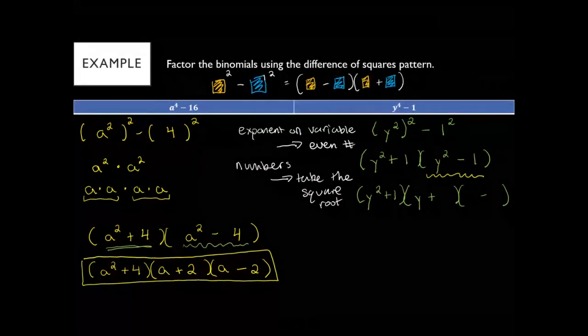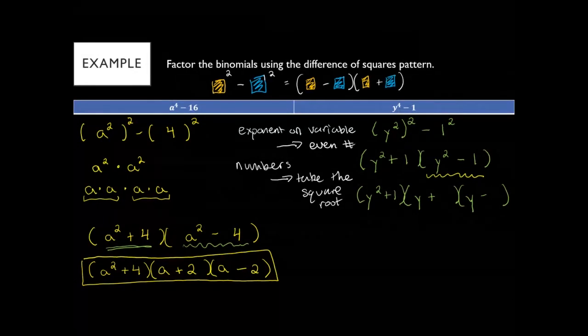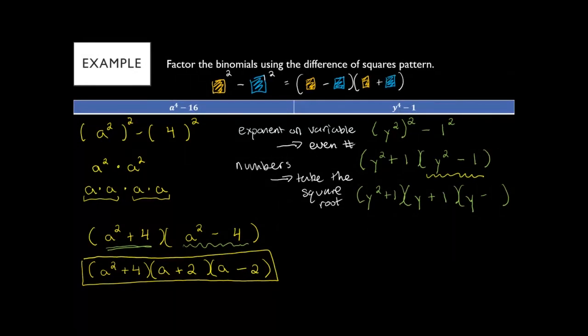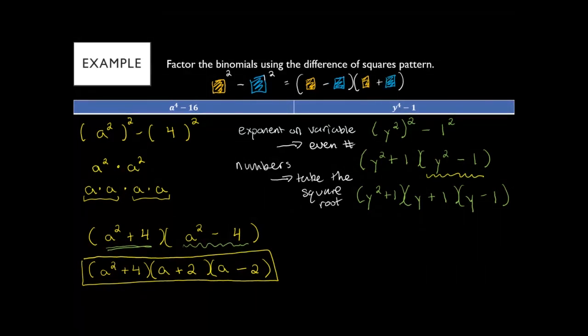That would give me a y and a y because that's y squared, and then the square root of 1 is a 1 and a minus 1 there. And so that is our final answer for that example.